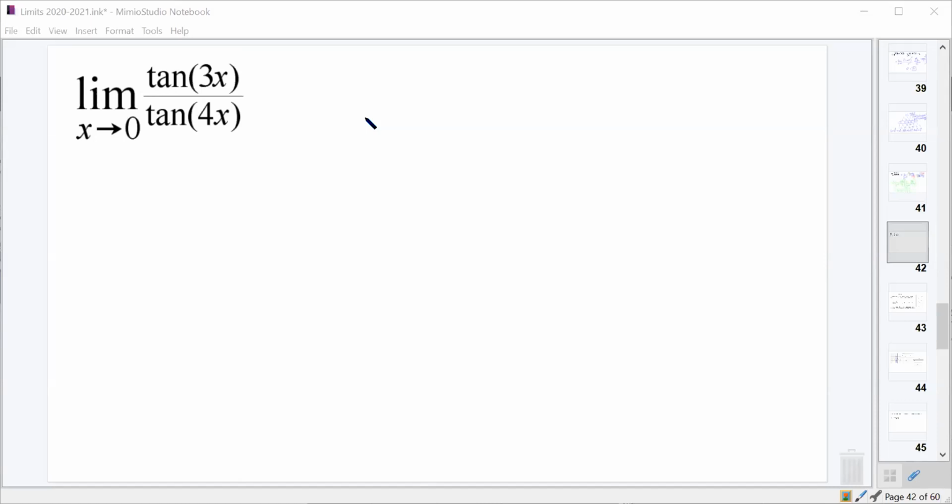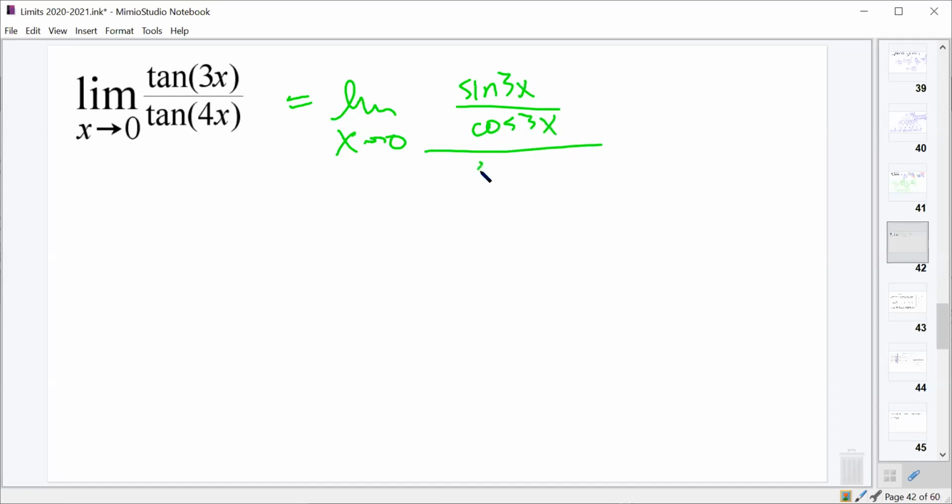Would you want to split up the tangents into sine over cosine? Sure, that sounds like a start. Limit as x approaches 0 of sine 3x over cosine 3x, all over sine 4x over cosine 4x. Sounds good to me.